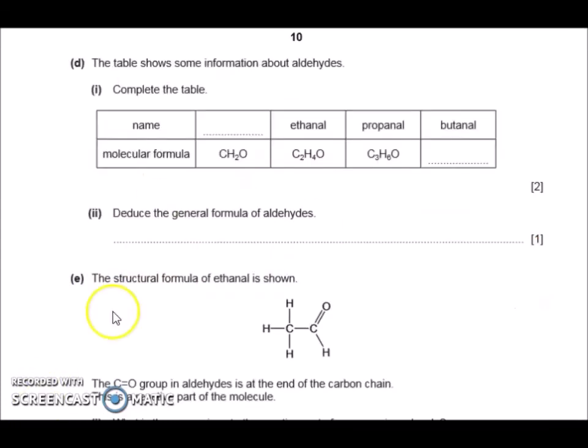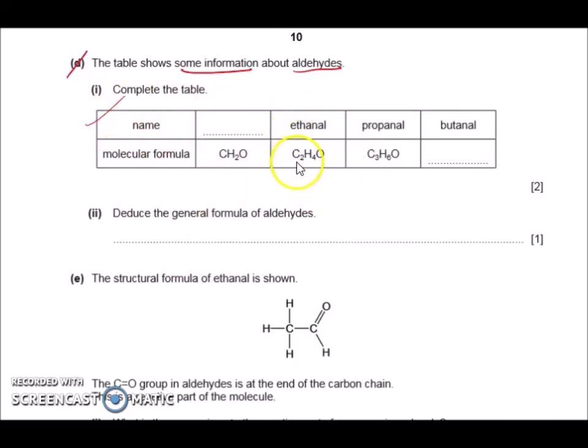Next, the table shows more information about aldehyde. Complete the table. These are the names. Let's say you don't know about this, we can actually get the information from this table.